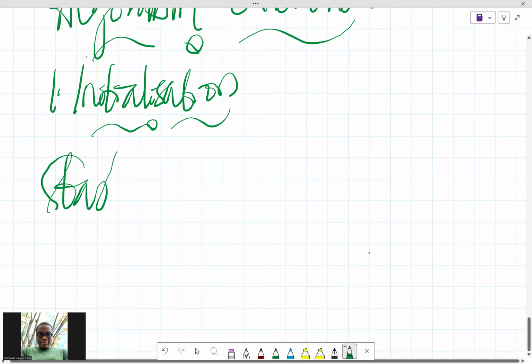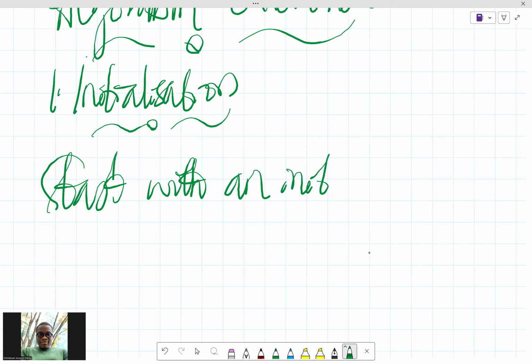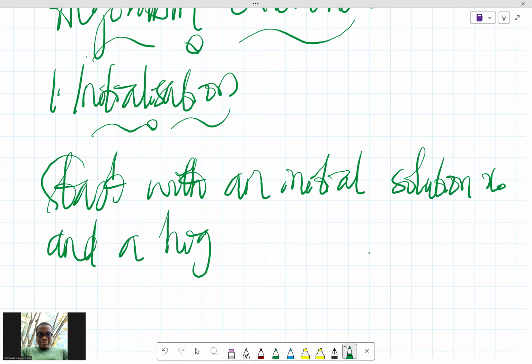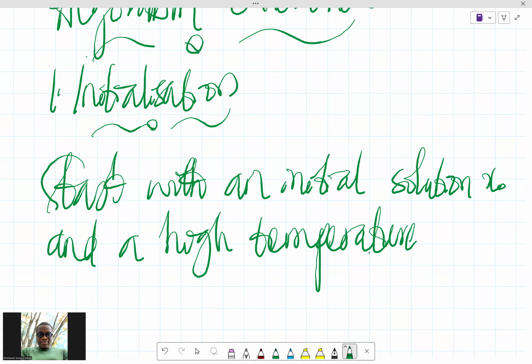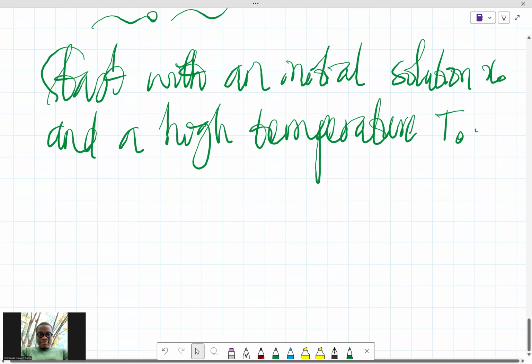So you start with an initial solution X naught and a high temperature T naught, since it's about metallurgy and cooling. Okay, that's the starting point.